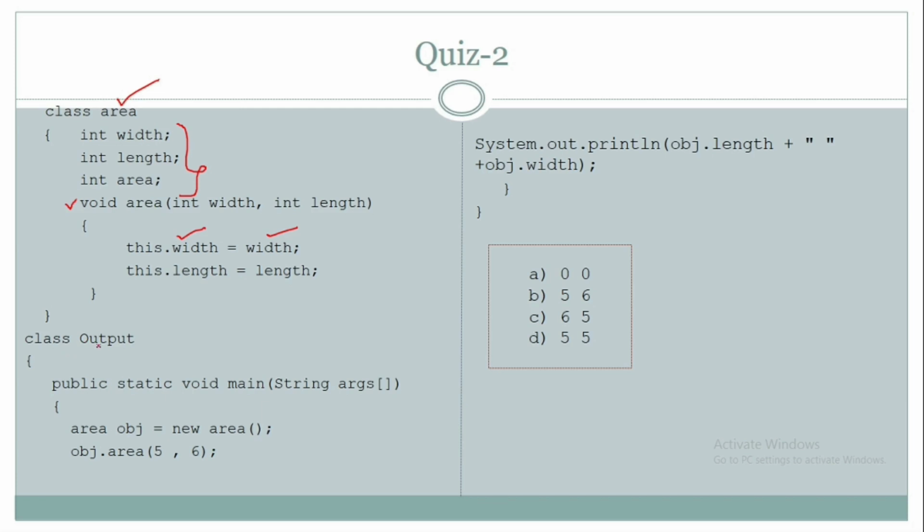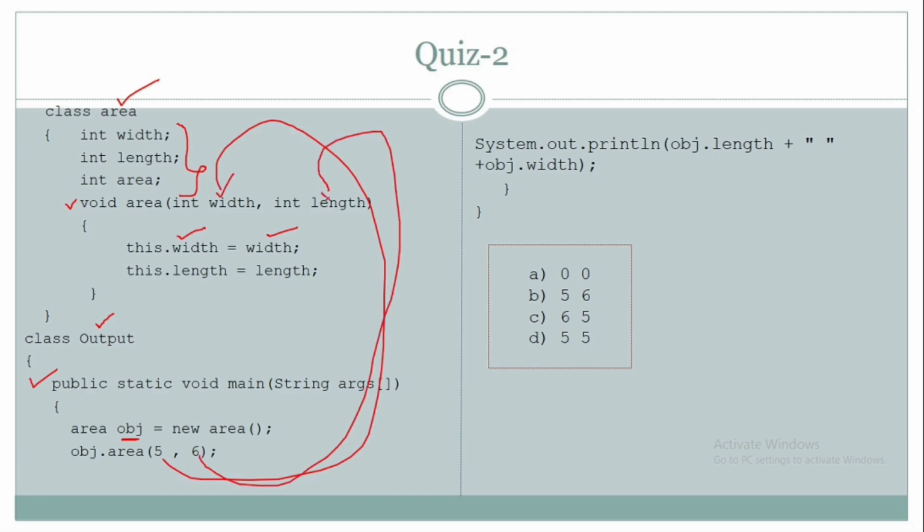We have created one more class called Output, and here is the main method where we create an object using the class name. I'll be calling the method area using object dot area. The value 5 gets initialized to width, and the value 6 gets initialized to length.